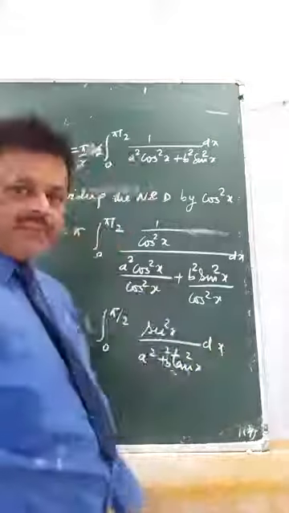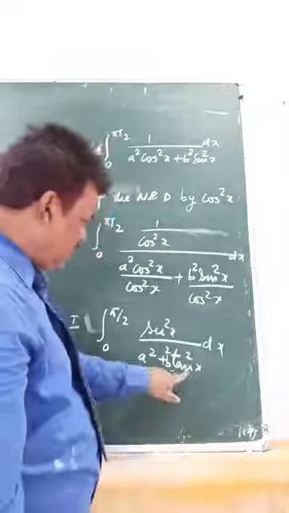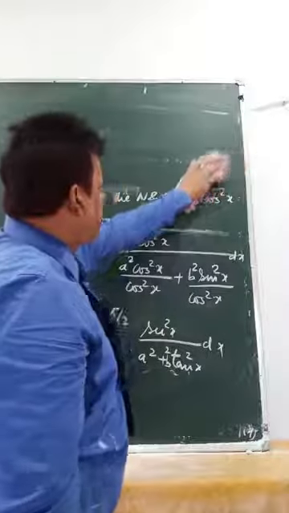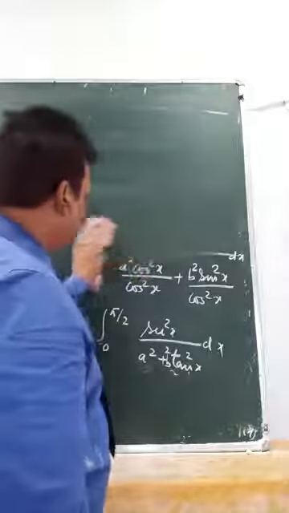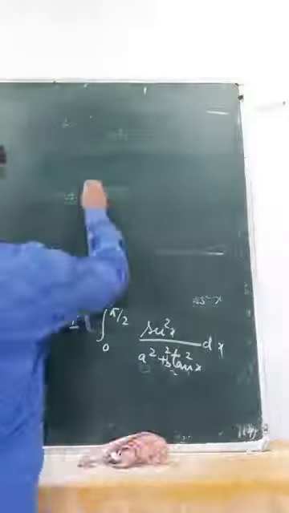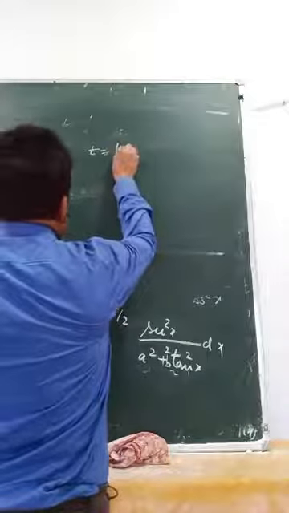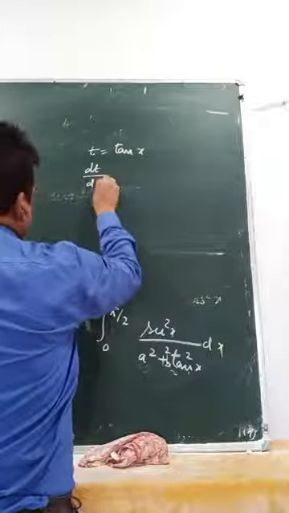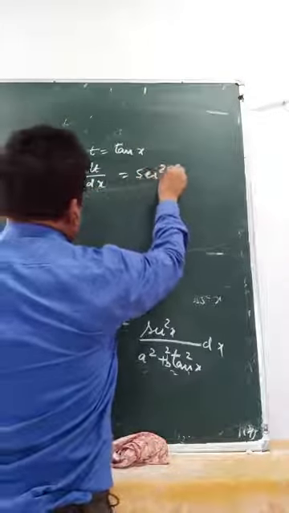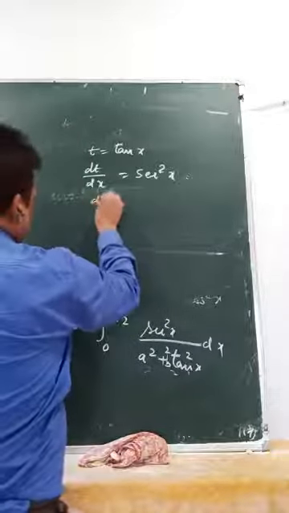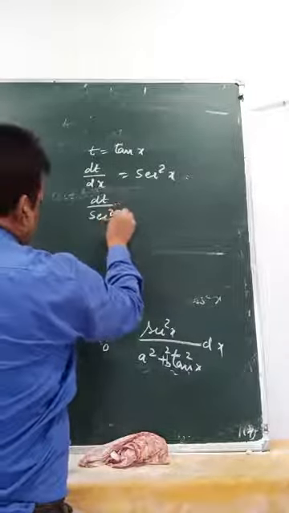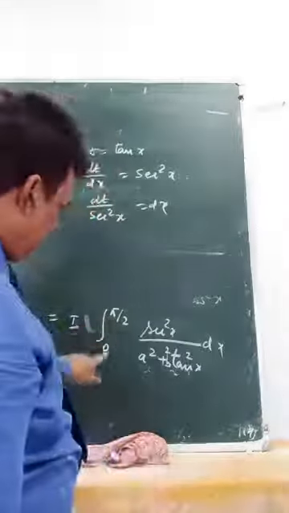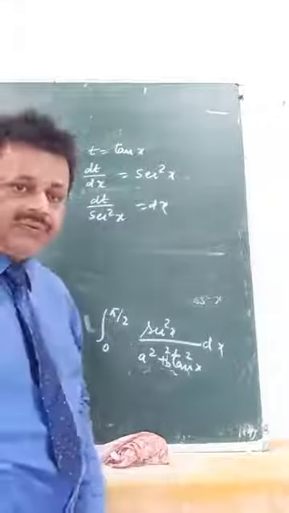Now look, substitution method will go now. Tan x's derivative is sec square x. So what is your substitution here? You have to write t equals tan x. dt by dx equals sec square x. So dt by sec square x equals dx. That which you got is dx. Now you have to change the limit because this is the x value. We have to find it in t form.